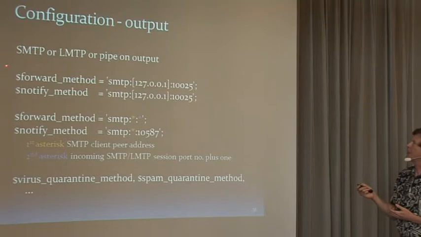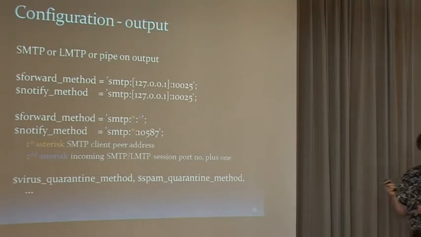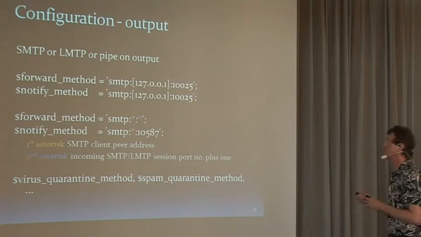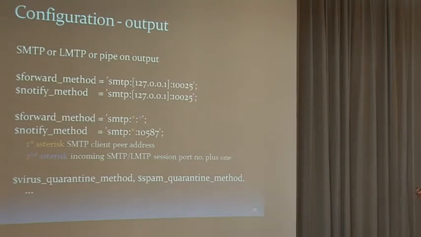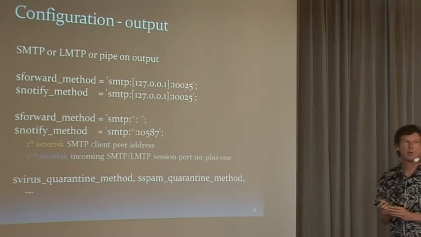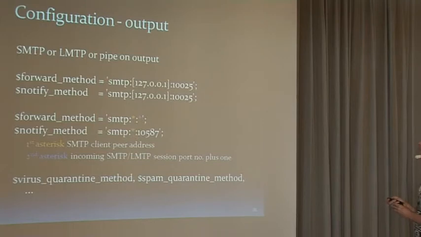So you say forward method applies to mail that is passed, that is checked, it is fine, it should be delivered to the user. There's a protocol, there's the IP address, and the port number on the mailer which should accept this message.